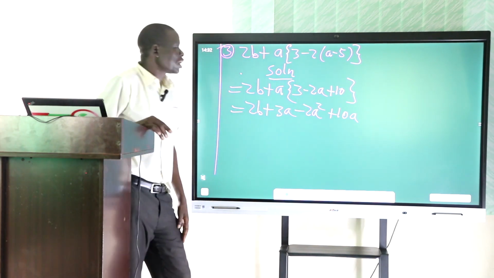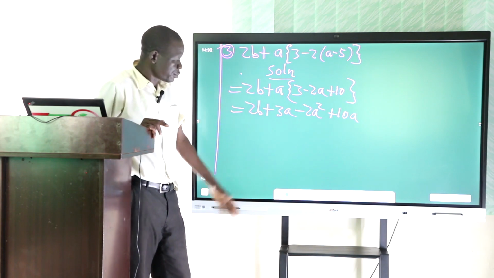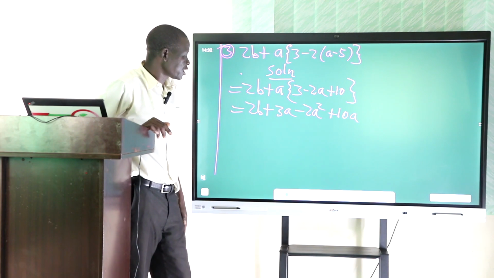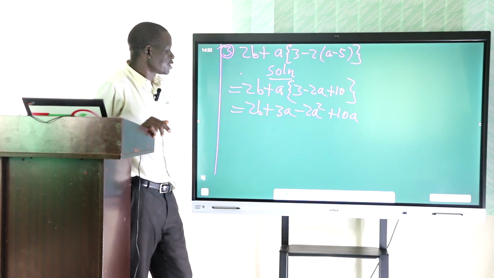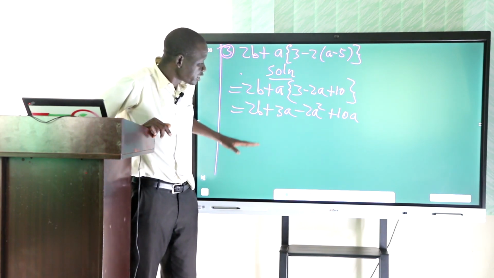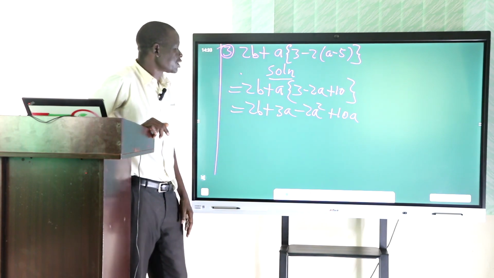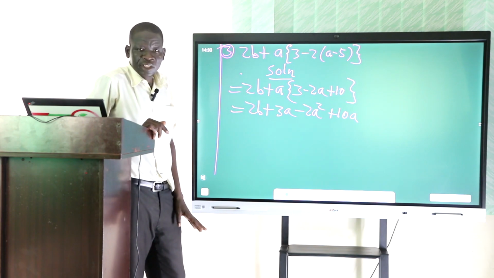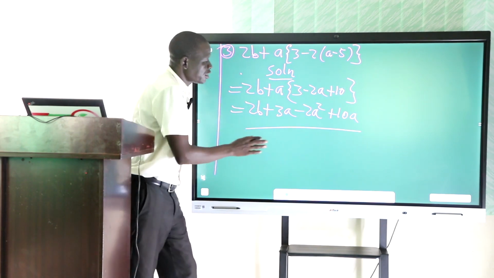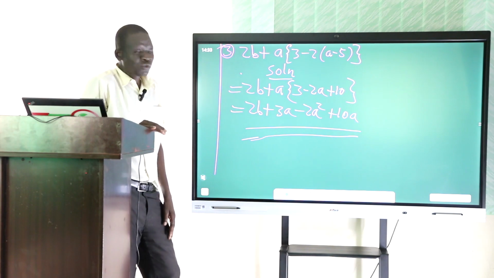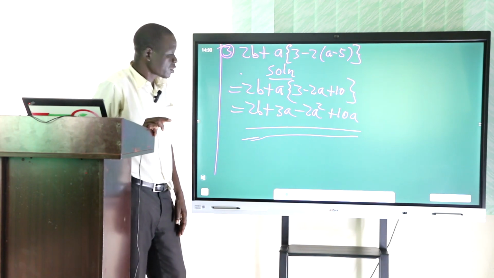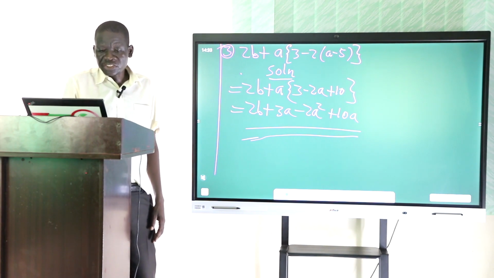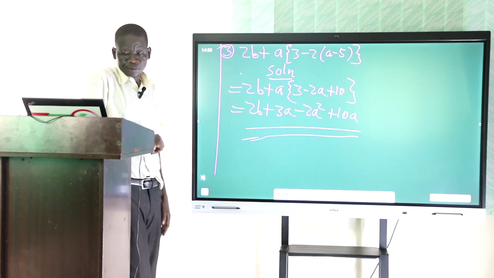So we have got rid of all the brackets. The remaining thing is now collection of like terms. And when you look at all the terms, you can say that they are all different. They are not the same, meaning that this is the final answer. We cannot continue from that step. That is basically how we can simplify such expressions.